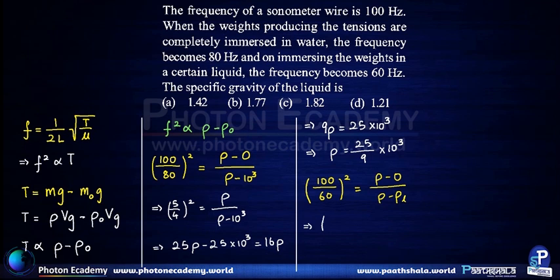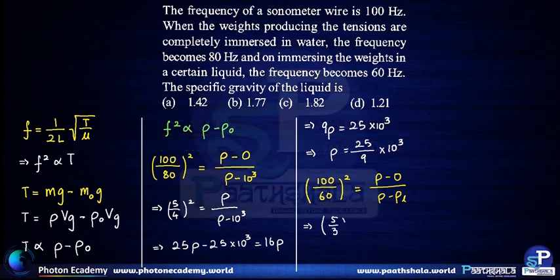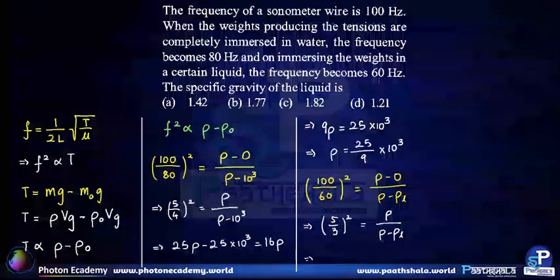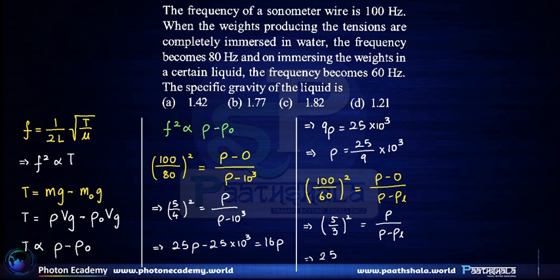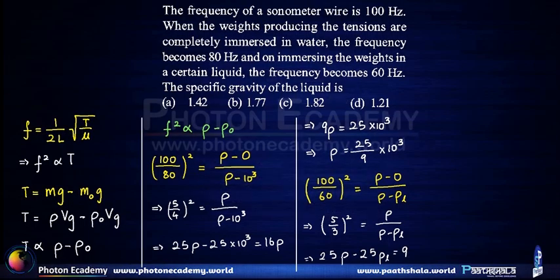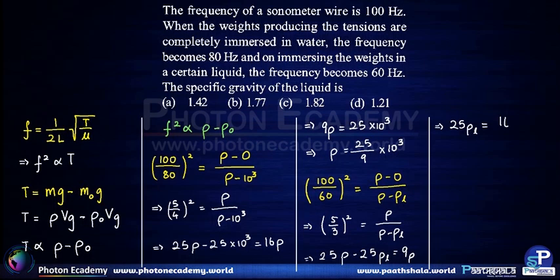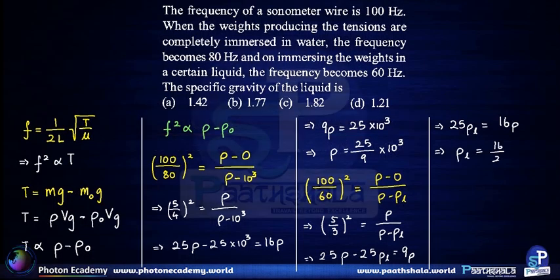So we have 5 by 3 whole square is equal to rho by rho minus rho L, or 25 rho minus 25 rho L is equal to 9 rho. We have 25 rho L is equal to 16 rho, or the density of the liquid is 16 rho by 25.